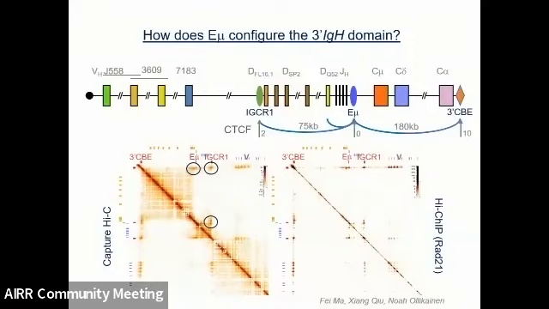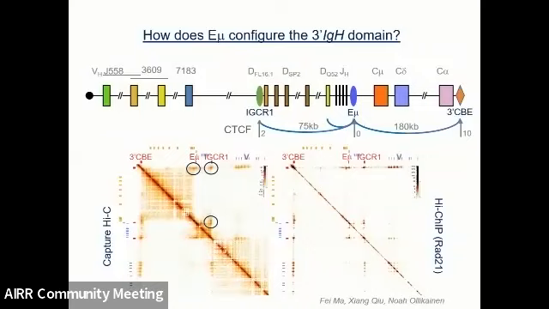On the right-hand side is a so-called Hi-ChIP analysis where we ask which DNA sequences are interacting with each other when we pull down, immunoprecipitate a variety of different transcription factors. In this case, the Hi-C map is done with RAD21, which is a component of the cohesin complex, and the cohesin complex has been shown to interact with the transcription factor CTCF.